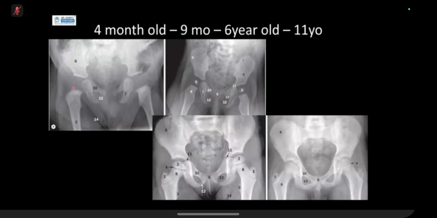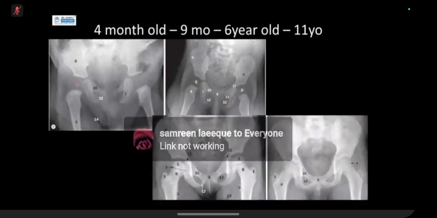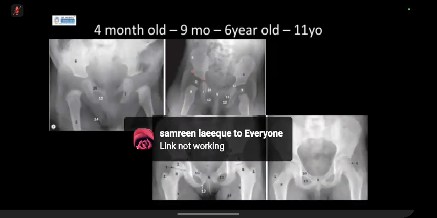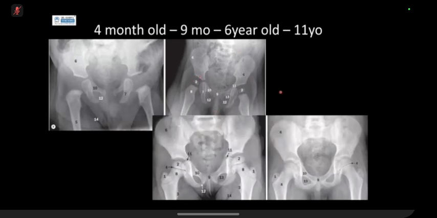They say less than 4 months, because when you start to have ossification of your femoral head, it makes it hard, because the ossification blocks your sound waves passing through, so you can't actually see the positioning so well. So 4 months, because that's when your ossification center has not yet formed, and it forms after that. Some people push it to 6 months because everybody ossifies at a different age, but I'll say no later than 6 months. By 9 months and onwards, you are really using X-rays to help you characterize if your hip joints are in place or not.